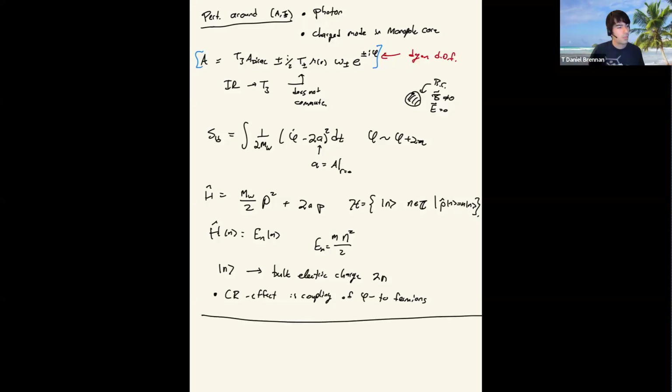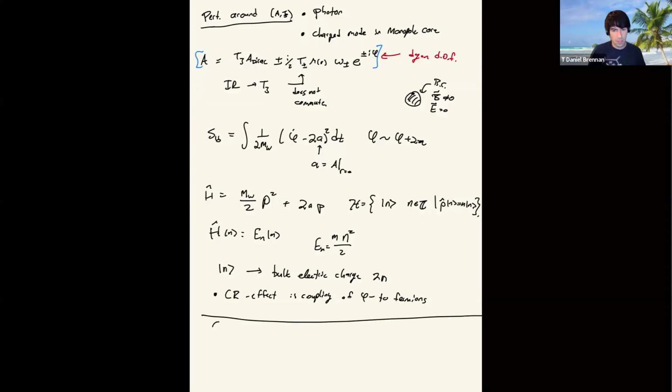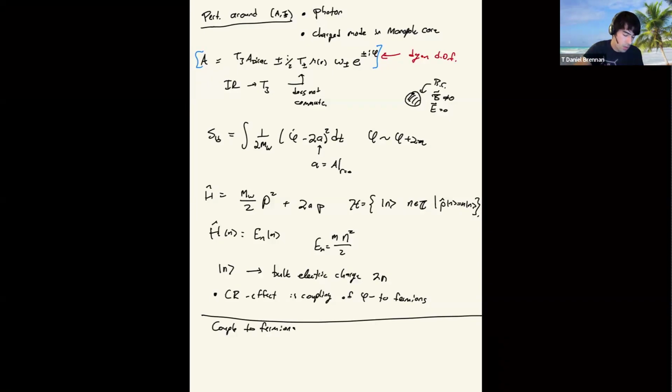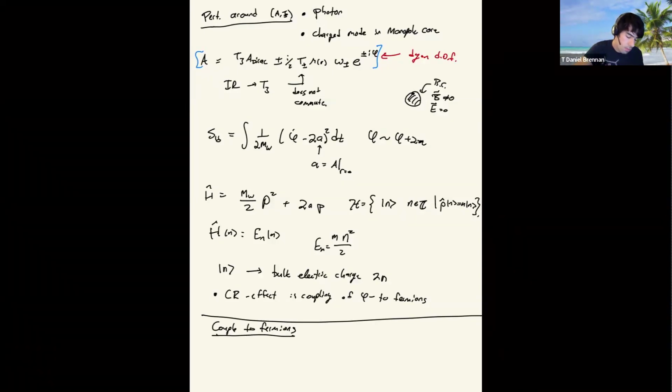So now I want to consider coupling to fermions. Since we're working in a spherically symmetric background, we can do a mode expansion of the fermions in the monopole background.